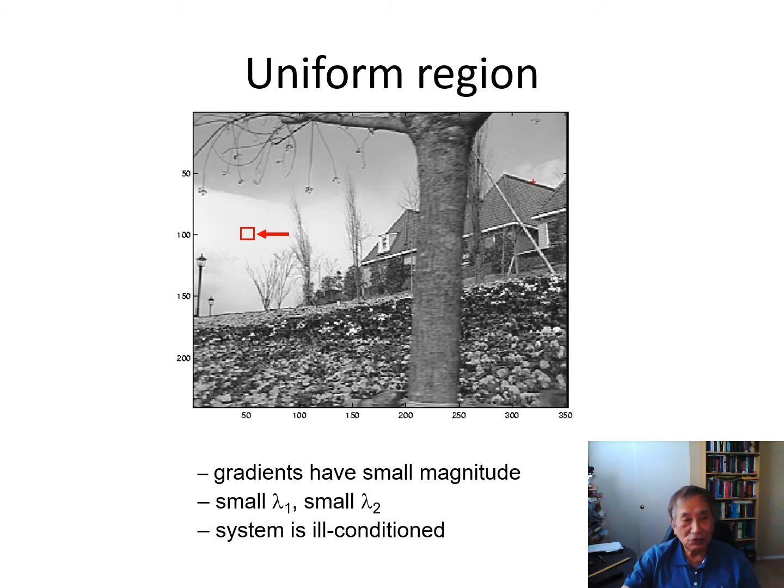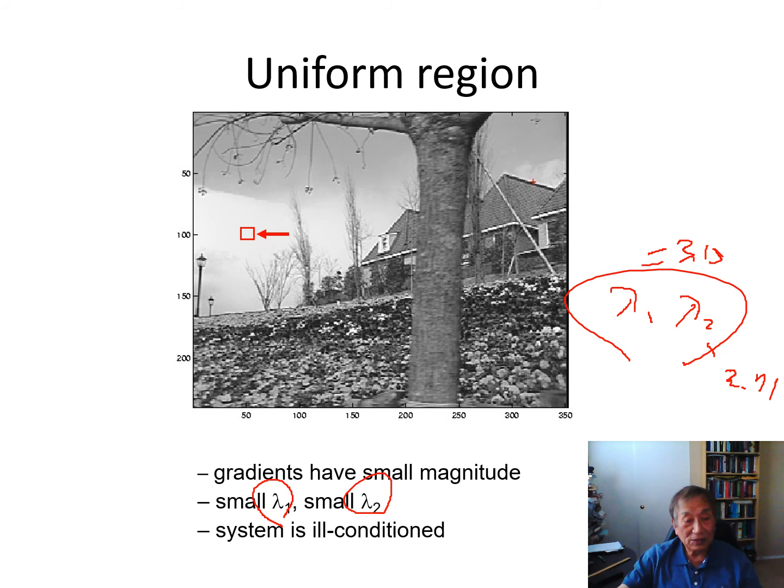You go around and see where there is any corner, any edge, or any flat region or area. So you see here, the gradient is calculated, and the lambda 1 and lambda 2 eigenvalues we calculated are both very small. This is 3.15 and 2.71, like that. So very small.